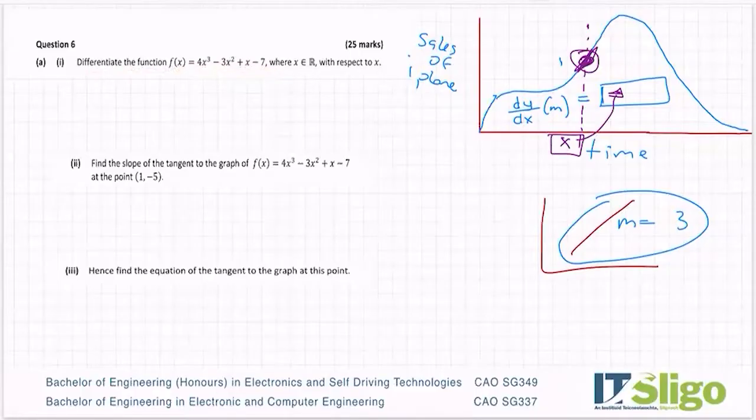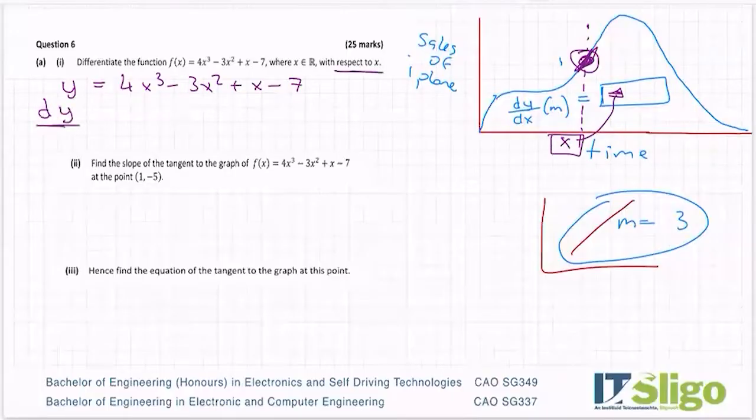Okay, so when you differentiate something, let me just do some of the terminology first, okay? You can say I'm differentiating this equation y with respect to the letter x. That's what dy dx means, okay? And you differentiate it, and I'll do that for you in a minute.